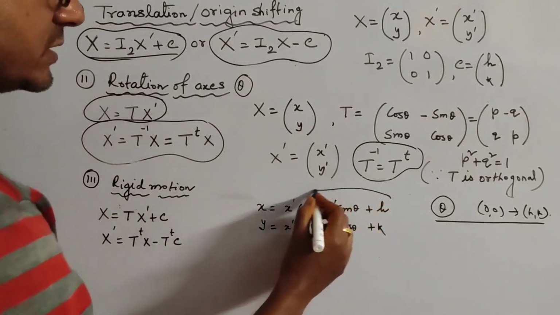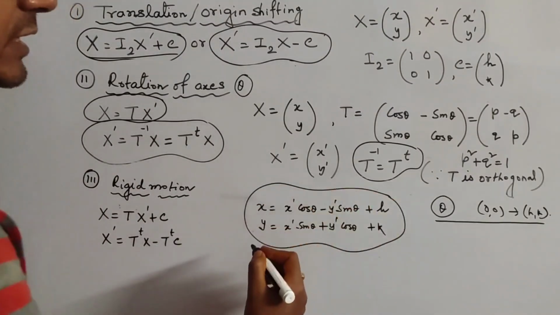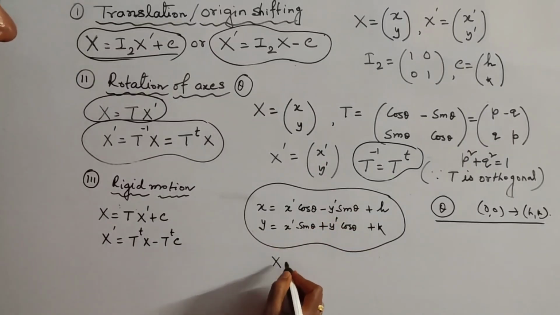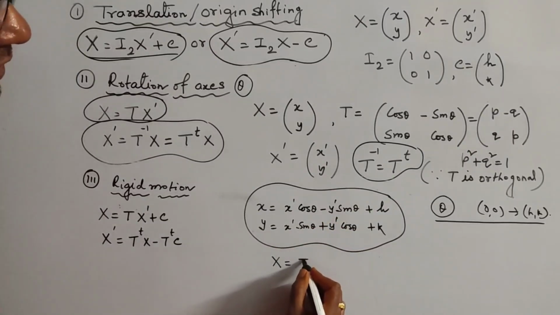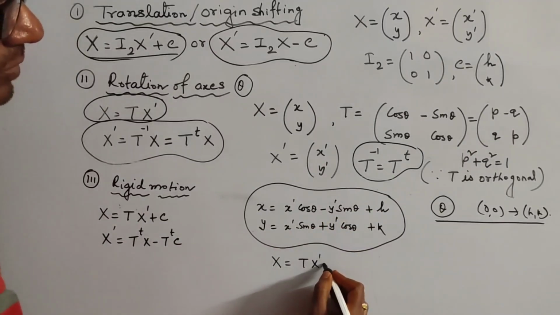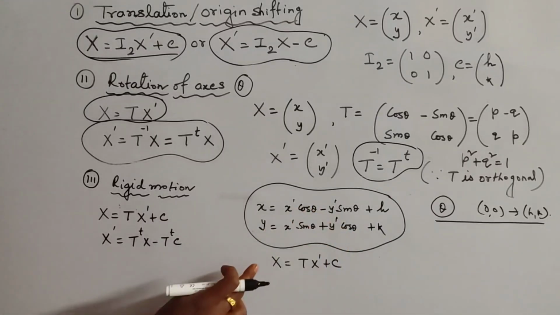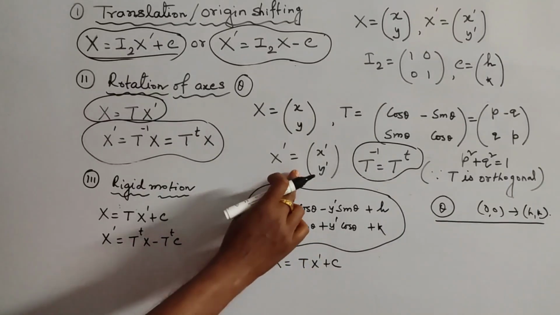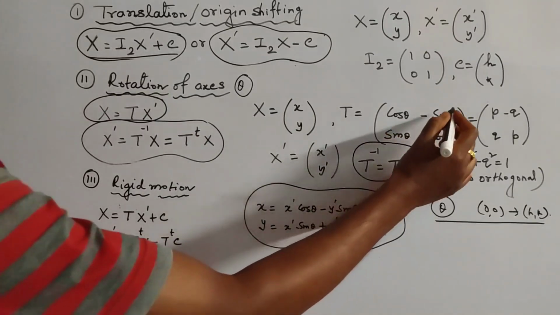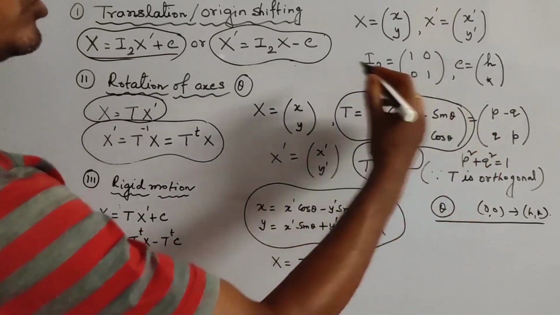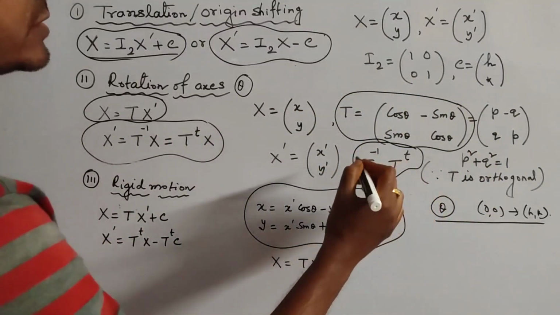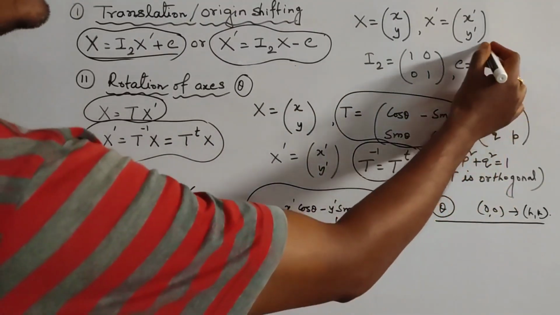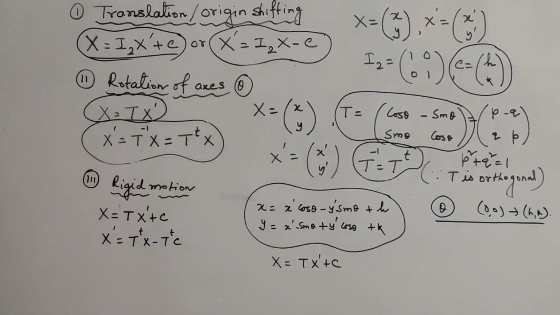This formula can easily be written as x equal to T times x dash plus C, where x and x dash are the same, T is this matrix, and C is h k, a column vector.